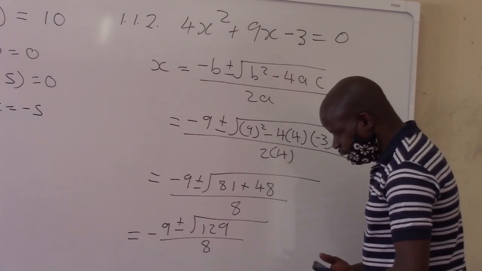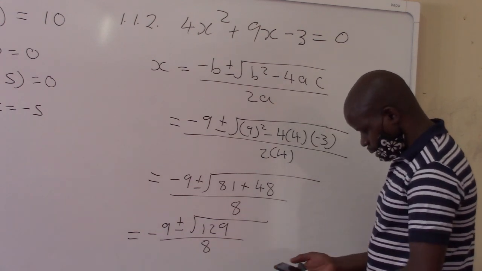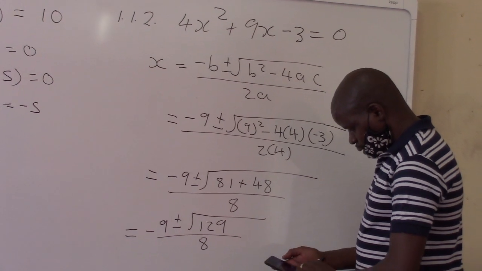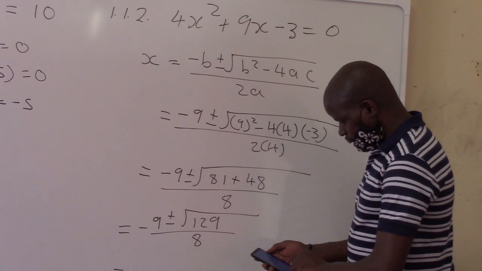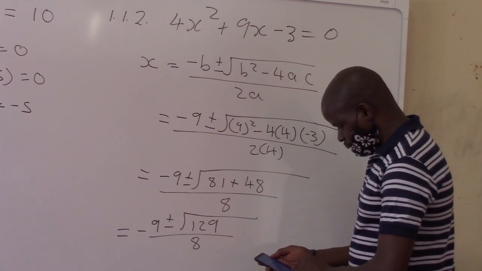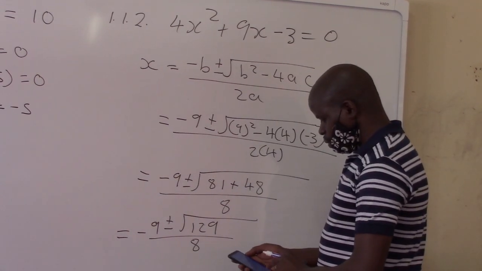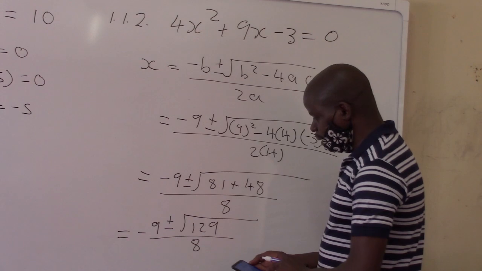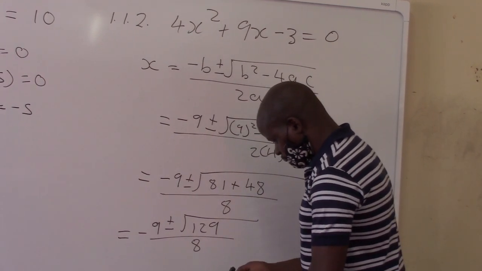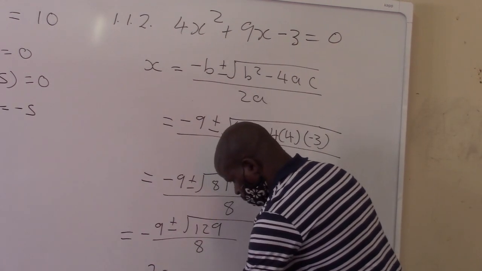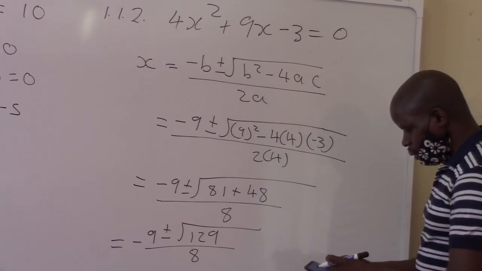Then we go on to say negative 9 minus 11,36. It will give us negative 20,36 divided by 8. And then we get negative 2,55.